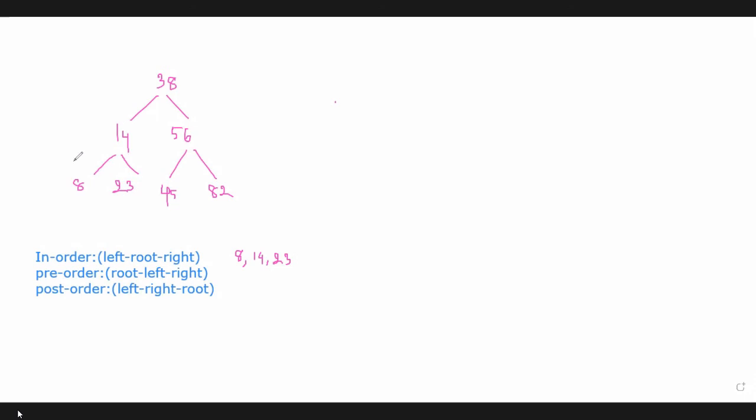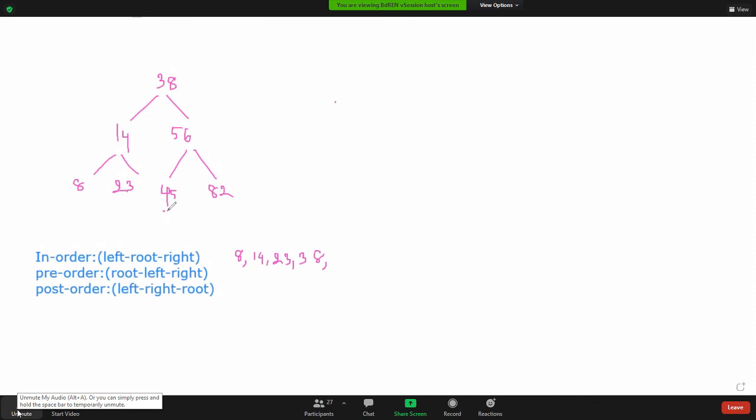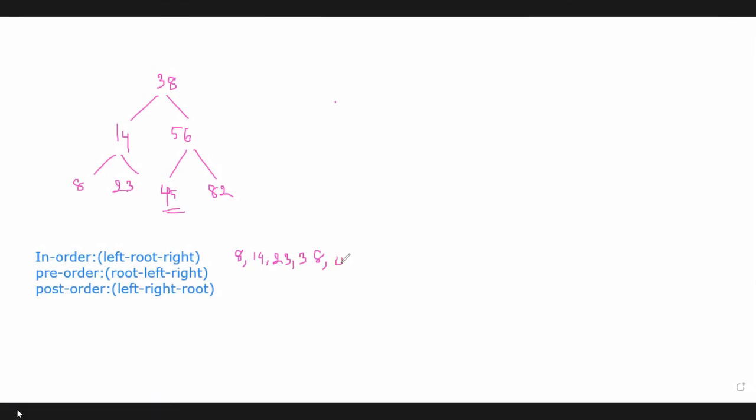After traversing the left subtree, take the root node 38, and in the right subtree at first take the left child 45, then the root node 56 and then the right child 82. So this is the sequence of the in-order traversal method.